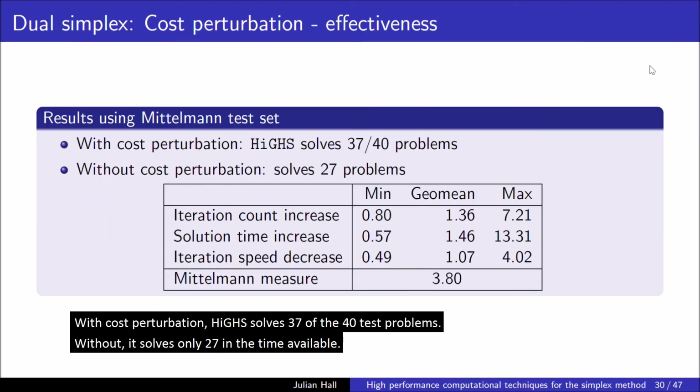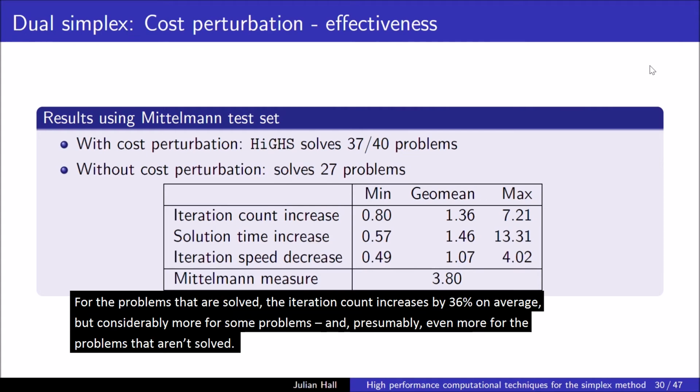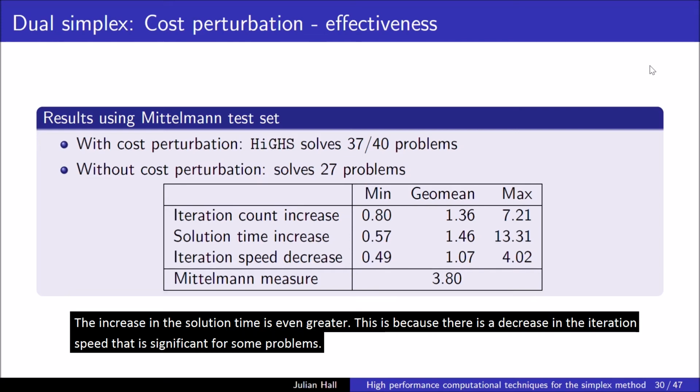With cost perturbation, HiGHS solves 37 of the 40 test problems. Without, it solves only 27 in the time available. For the problems that are solved, the iteration count increases by 36% on average, but by considerably more for some problems, and, presumably, even more for some of the problems that aren't solved.